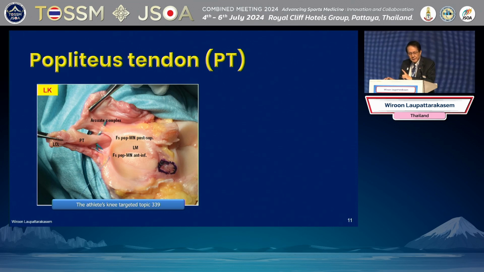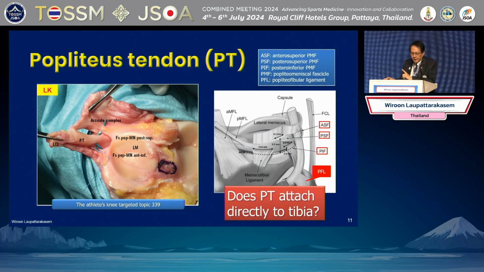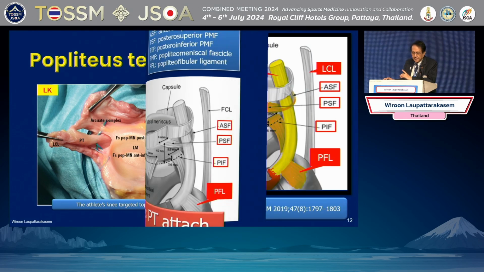First of all, we look at the popliteus tendon. The popliteus tendon passes from the femur through the popliteal hiatus of the meniscus. There is a hole, and it connects the popliteus tendon to the muscle below. Does the popliteus tendon attach directly to the tibia or not?